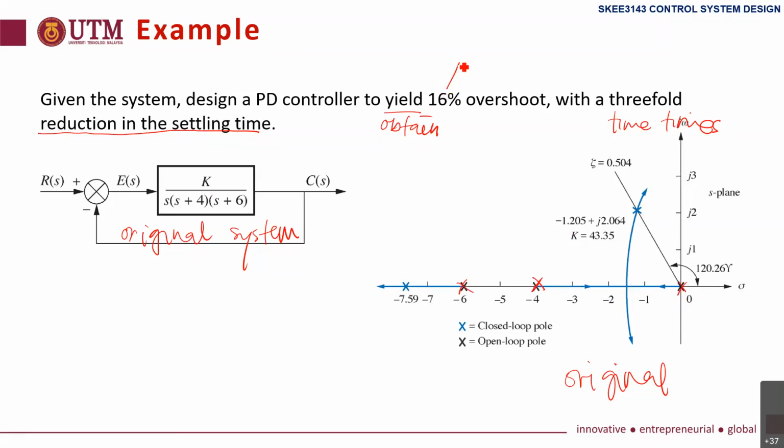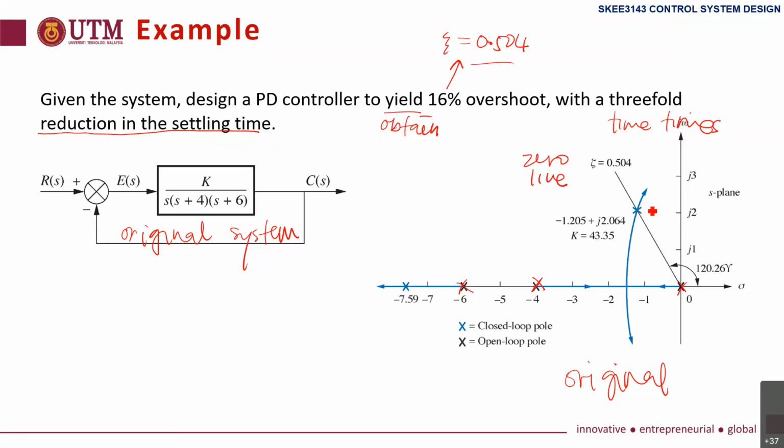We want 60% overshoot. Then here we can calculate zeta. A graph will be given to you, then you can take zeta from the graph, which is 0.504. This is the root locus, and we can make a zeta line, 0.504.